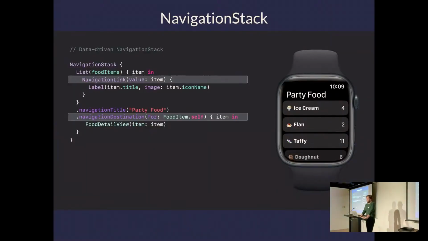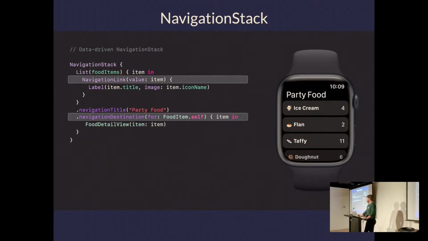To start with, NavigationStack, which is a complete replacement of Navigation View. Navigation View is now deprecated. Interestingly, they want to allow programmatic navigation, so essentially allowing you to very easily support deep linking.